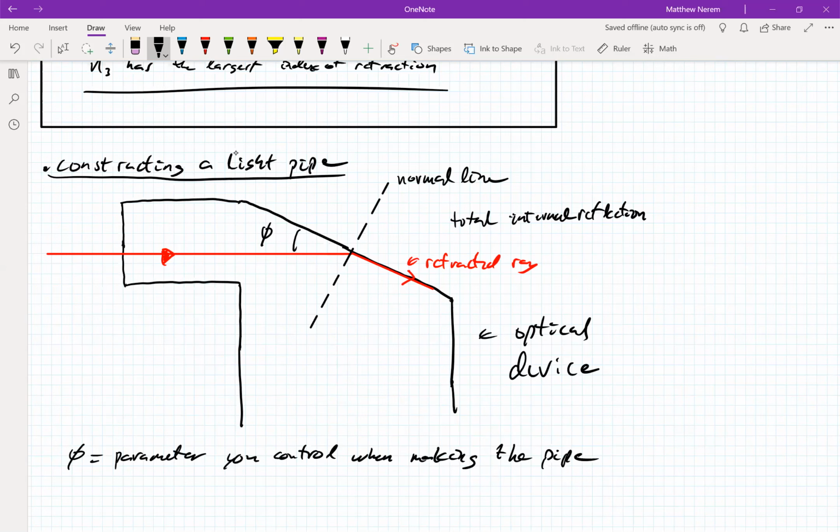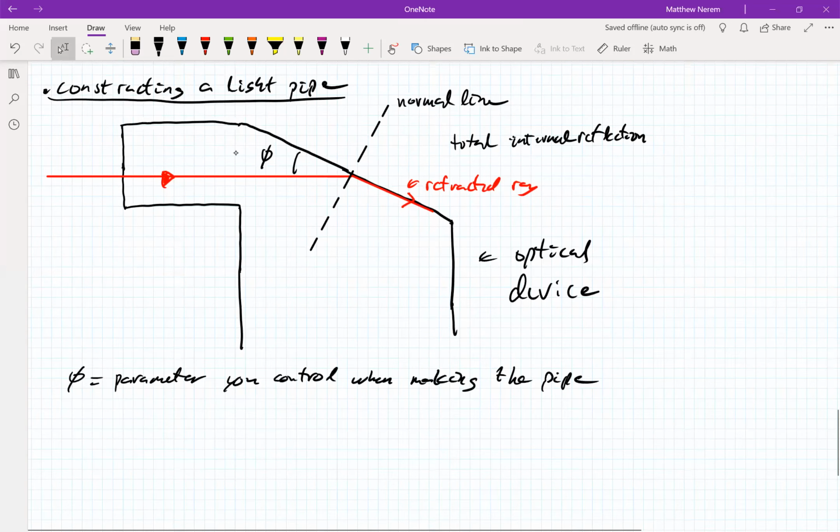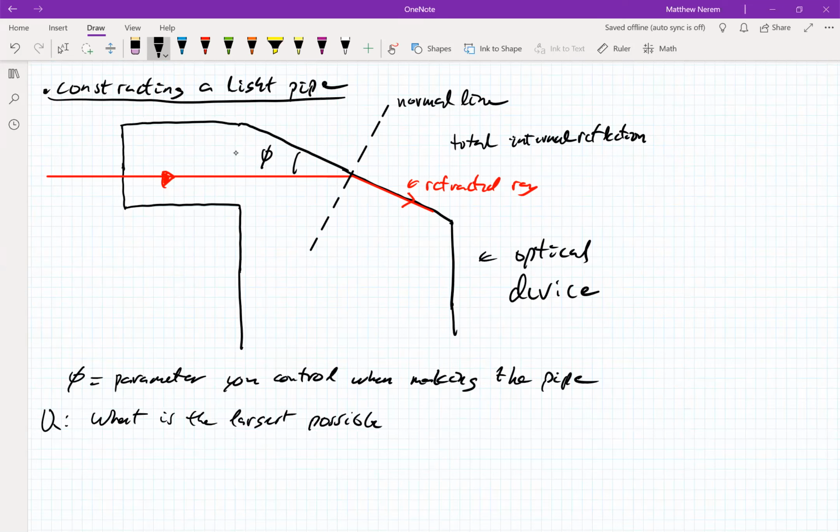All right. And the question is, what's the largest possible value for phi for total internal reflection?